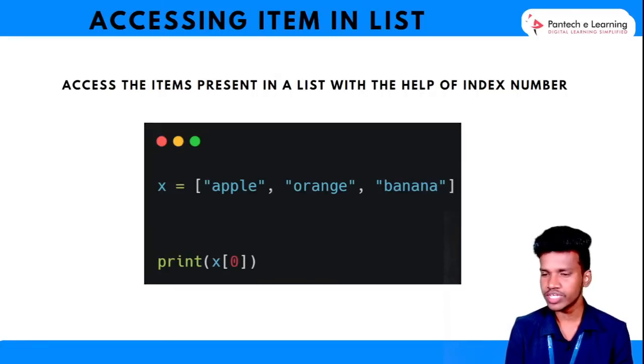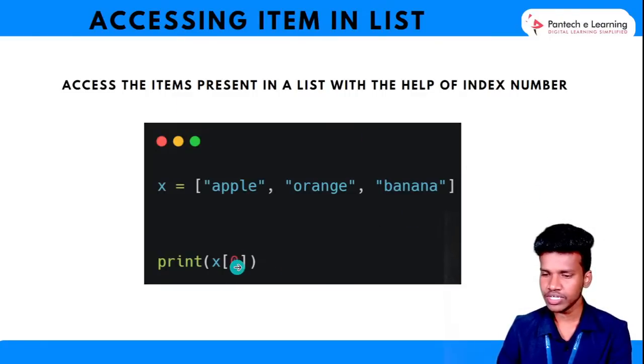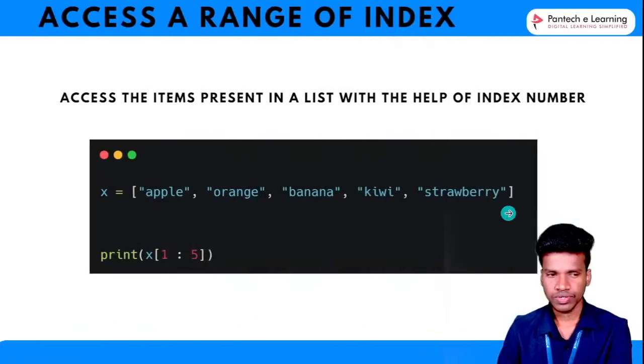Each string has an index number: apple has an index number, orange also has an index number. So based on the index number, we access the list. If I mention index 0, the apple will be the output. If I mention index 2, the banana will be the output. We already saw this within strings, right?